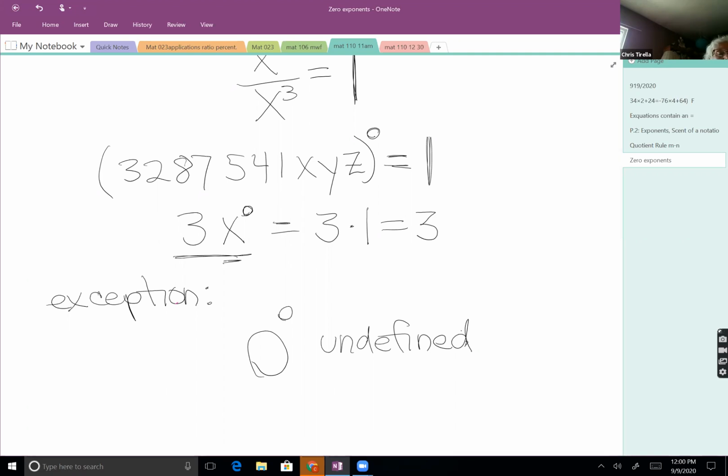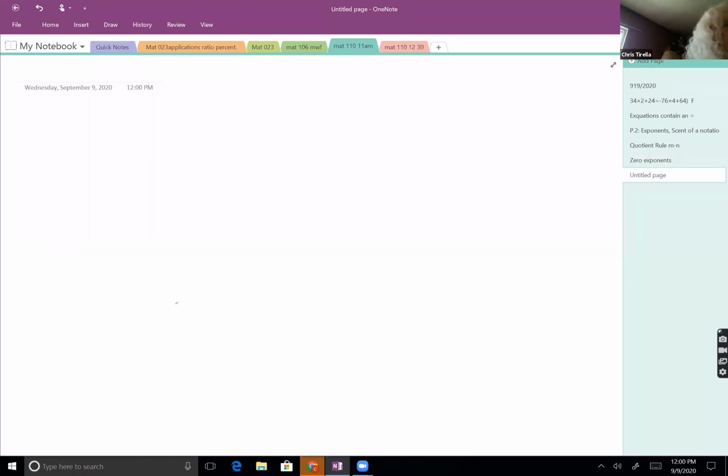That's not defined. Because we don't want to multiply by 0 and end up with an answer that's non-zero. But a 0 exponent is always 1, so that one has meaning. All right, next place we're looking are negative exponents.